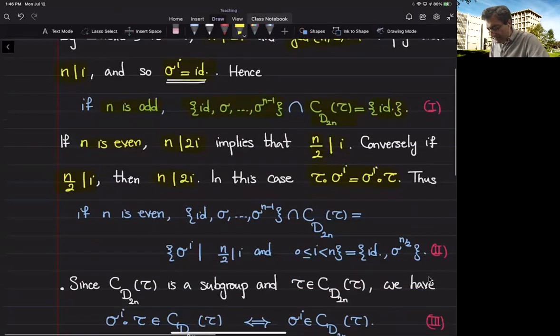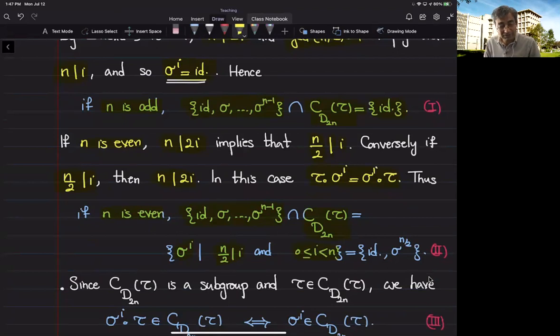So if n is even, the only elements, and precisely those elements that are inside this set and are in the centralizer of tau, are those powers of sigma to the i where i is a multiple of n half.